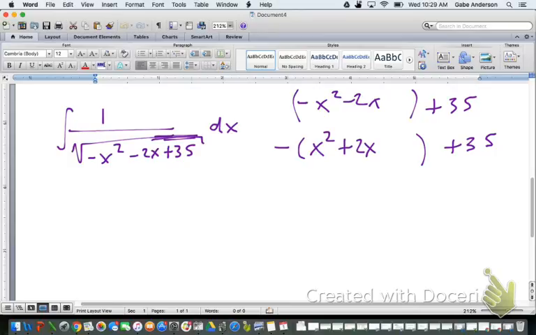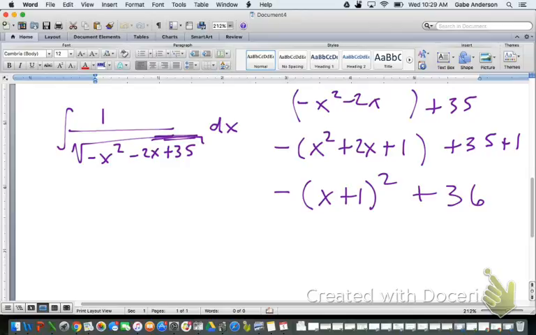The b value is 2. And so we take half of b, which is 1, and we square it, which gives us 1. I take that 1 and I add it to the inside. But I didn't really just add it, did I? I really just subtracted it, so to balance it out, I go plus 1 here. This gives me negative, when I factor this, x plus 1 squared, and then plus 36.